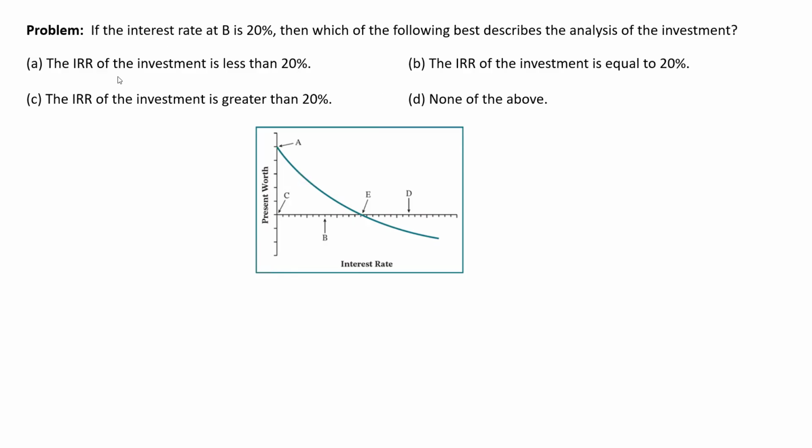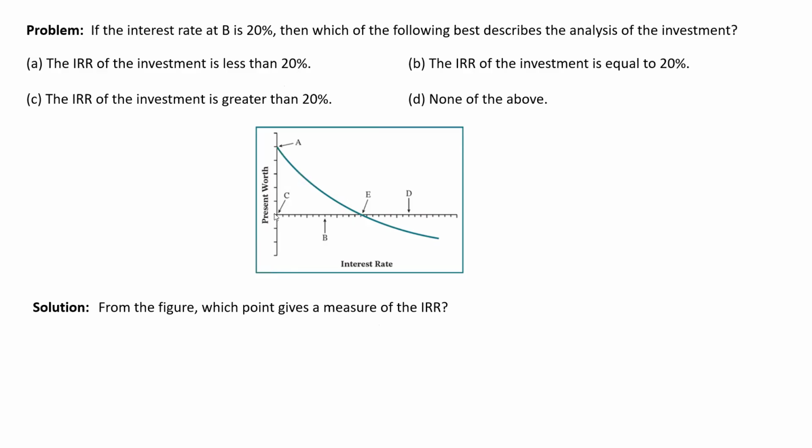Whether the IRR of the investment is less than 20%. So the question from the figure: which point gives a measure of the IRR? Does A tell you anything about the internal rate of return?